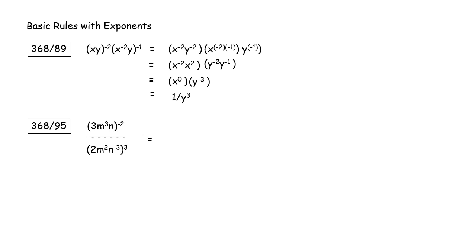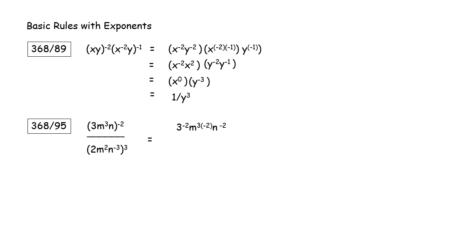Problem 95 on 368. (3m cubed times n), all raised to the negative 2, over (2m squared times n to the negative 3), all raised to the power of 3. We'll expand it by using the power to the power rule, so that the outer power, negative 2, will be applied to all the terms within the quantity.